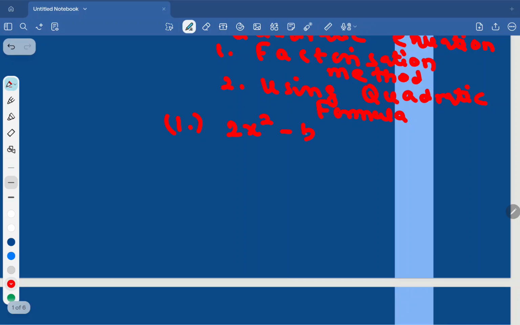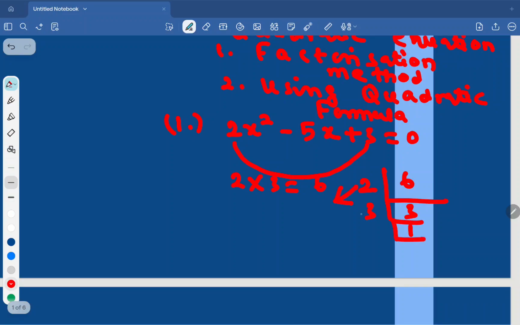2x square minus 5x plus 3 equal to 0. Multiply these two terms. 2 into 3 equal to 6. Find the factors for 6. 2, 3, 3, 1.